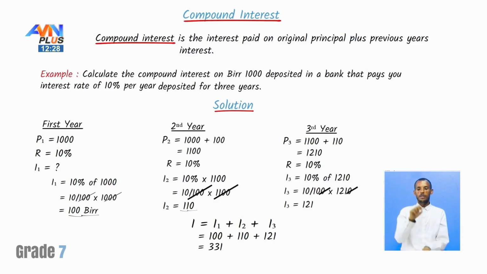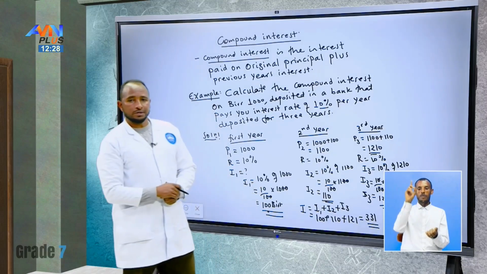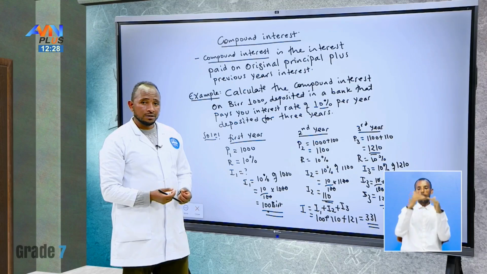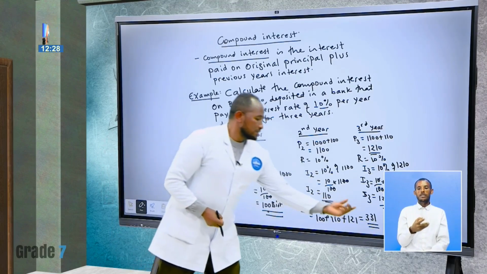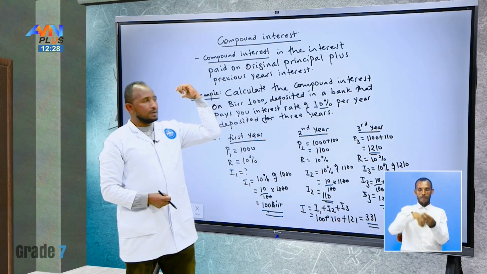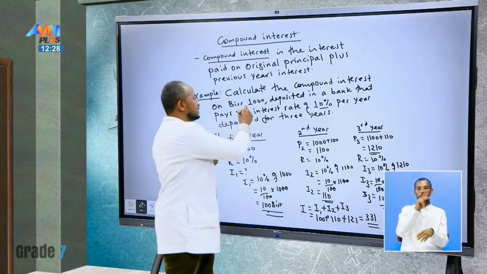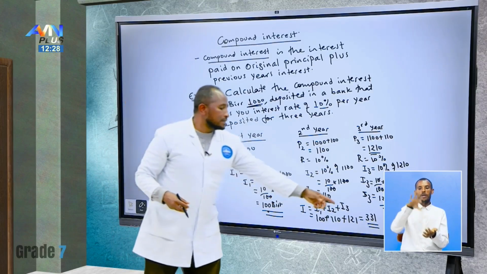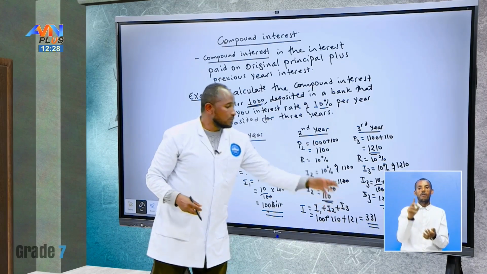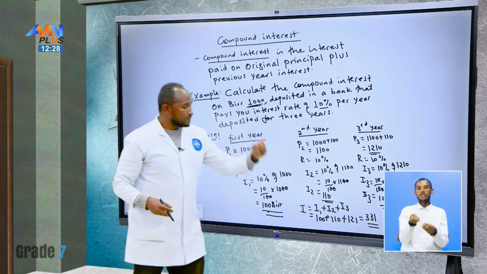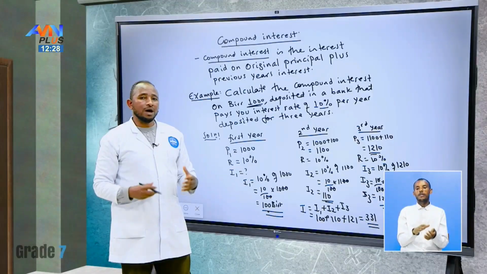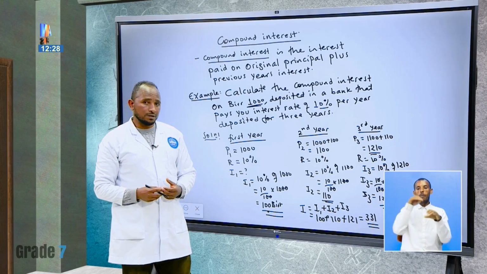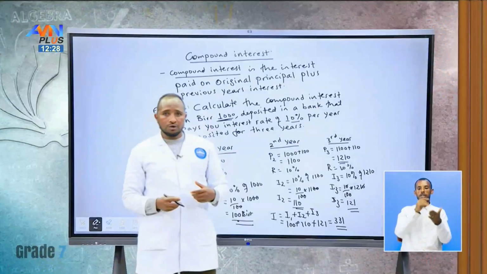So 331 will be the compound interest throughout 3 years. So what will be the amount at the end of the third year? The amount will be this interest plus the original principal. The original principal is how much? It's 1,000. Initially you deposit 1,000 and you earned 331 for the 3 years. So the sum of the two will be 1,331. This will be the accumulated amount you will have at the bank at the end of the third year. So this is all about today's lesson.